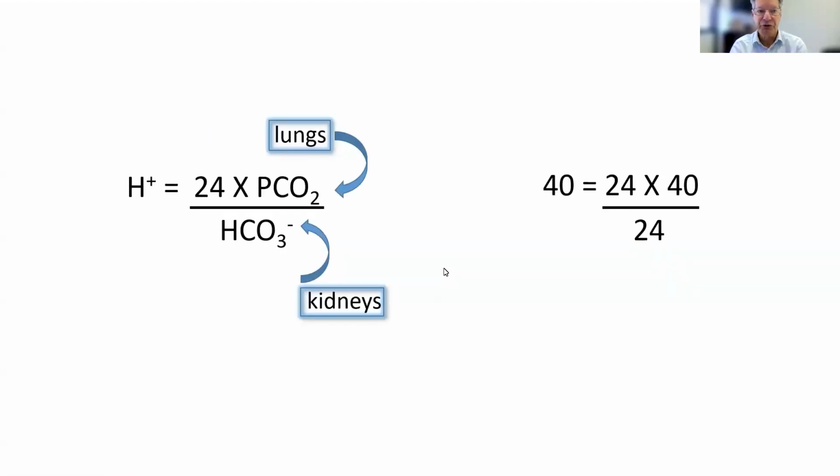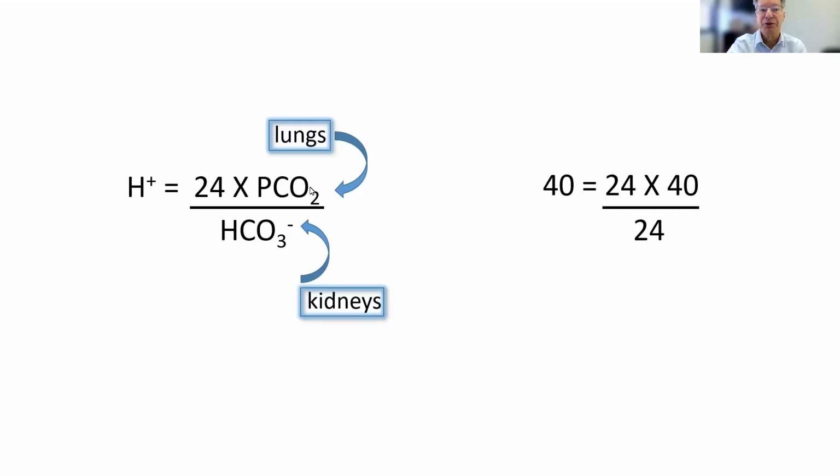So just again to refresh your memories, this is the Henderson equation. It's the non-log version of the Henderson-Hasselbalch equation. And this equation is important because it not only summarizes the acid-base chemistry of a bicarbonate buffer, but also the terms represent organ function.